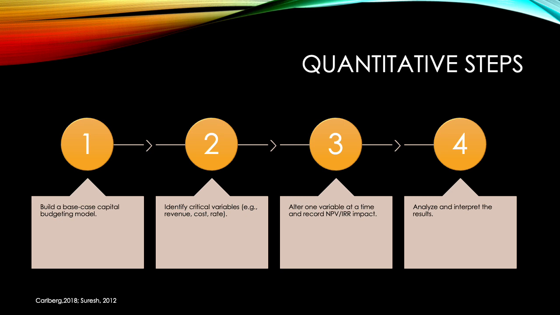For instance, we might increase unit cost by 10% and observe how NPV changes. This step-by-step process lets us measure the individual impact of each factor. We then record the results, compare them to the base case, and analyze which inputs are the most sensitive. This provides a clear, data-driven view of where our assumptions are strong and where they are risky.